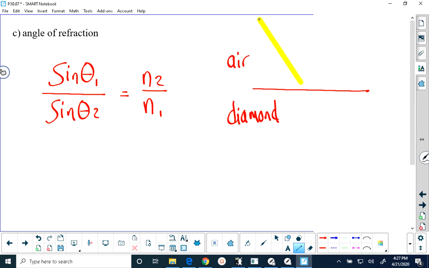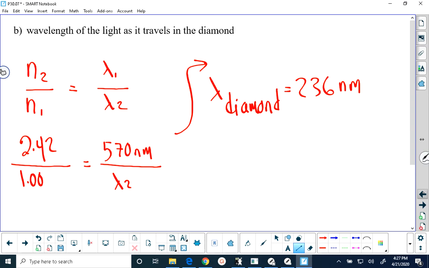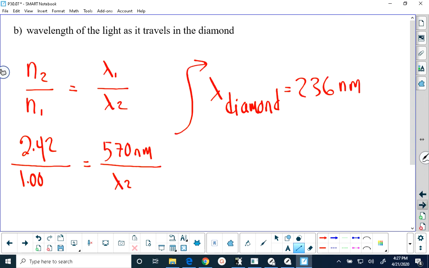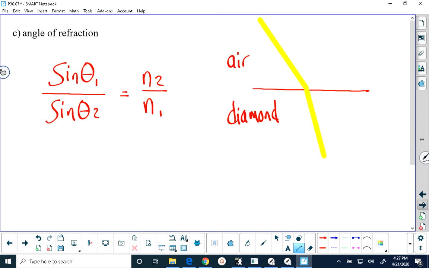So you have a beam of light, and it's going to, of course, refract towards the normal. But what you're told, if we go back and look at this carefully, you're told that it says an angle of 30 degrees to the surface. So what does 30 degrees to the surface look like? Well, not what I drew, that's for sure. 30 degrees to the surface is that.